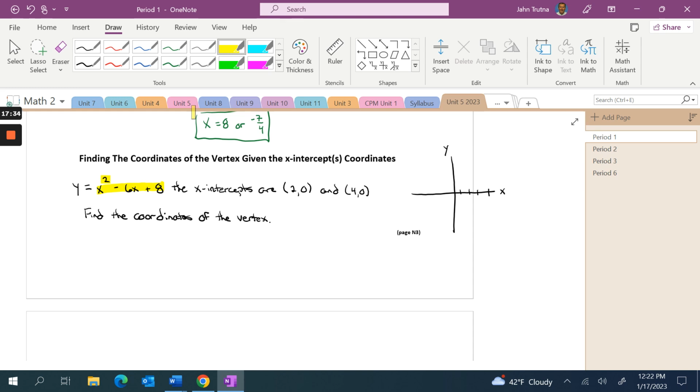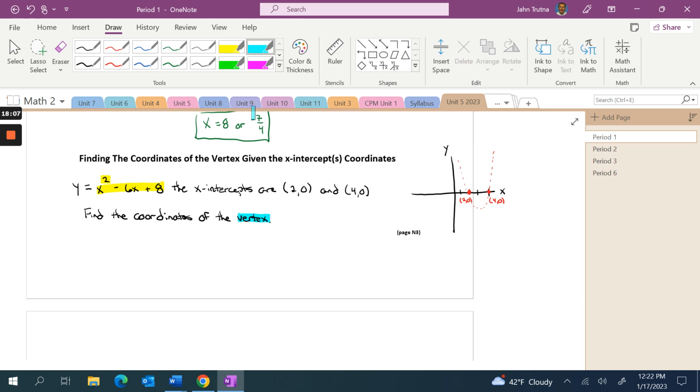So when I graph it, it will make a parabola, okay? And the x-intercepts have coordinates of +2, 0, and +4, 0. Okay, now, so essentially when I graph this, my parabola is going to look something like this. And I'm just showing you the general outline. All right, now we want to find the vertex of this parabola.